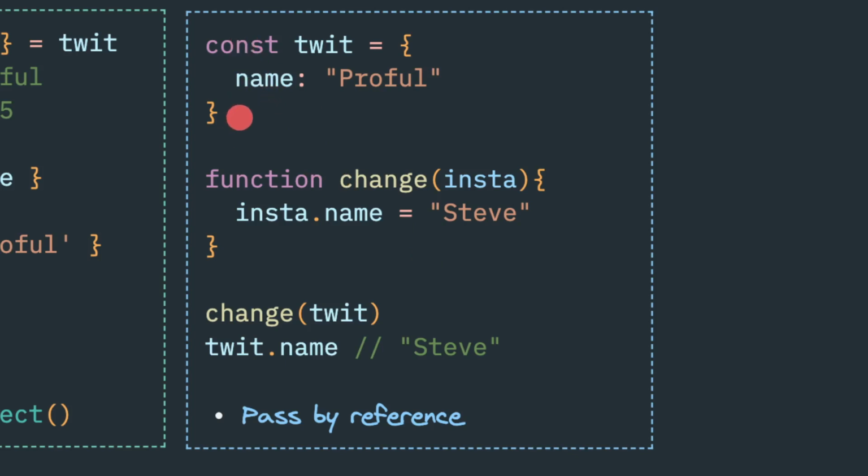So this is one of the very important concepts, let me simplify a bit. Here we define an object, tweet, with one property, name as profile. This is where we define a function, change. We take one variable, insta, and inside that insta we are changing one of the keys, name, its value, to Steve, and we are calling this change, passing this tweet object and trying to print it.